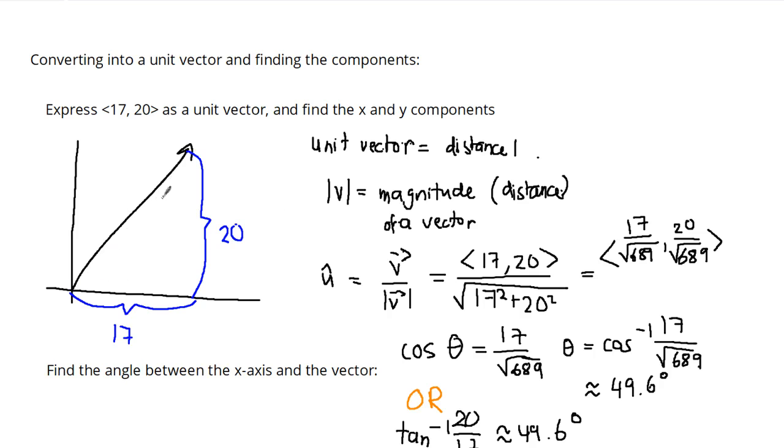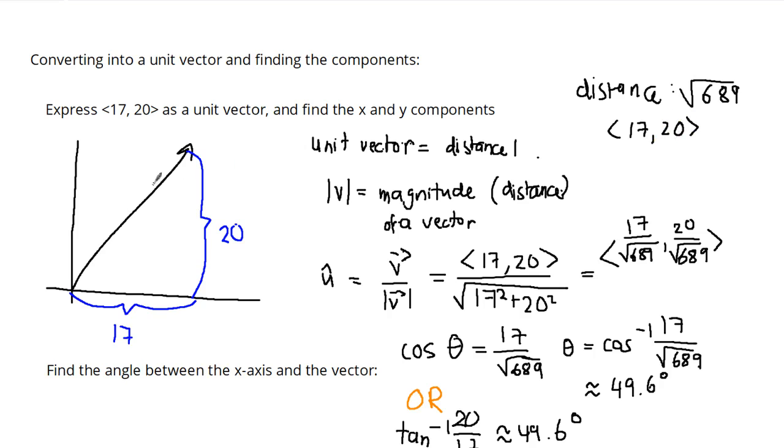So this vector has a distance of square root of 689, but our goal is to have it so that the length is only 1. So if you want the length of the vector to be only 1, you have to use this formula right here. I don't want you to memorize the formula because it's actually pretty intuitive.